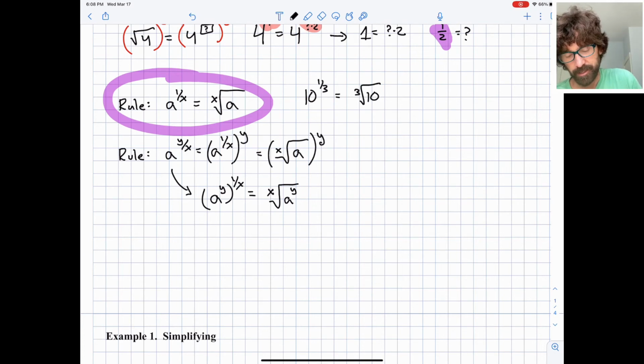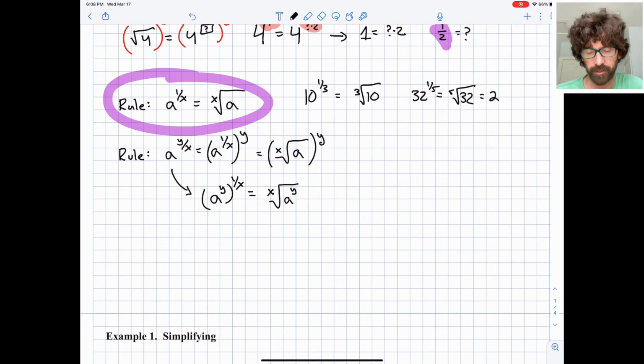Or let's see, 32 to the 1/5 is the same as the 5th root of 32, which is going to actually equal a nice whole number 2 here. Okay, so just a reminder about what those roots mean and how we put the little index of the root in the crook of that radical symbol so that we know what kind of a root we're taking.